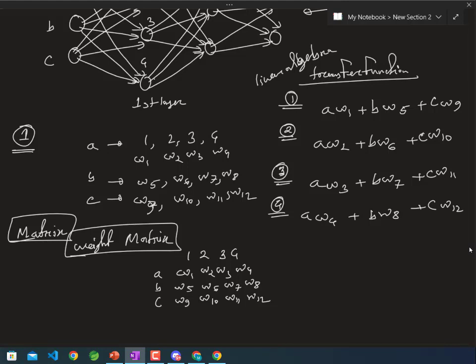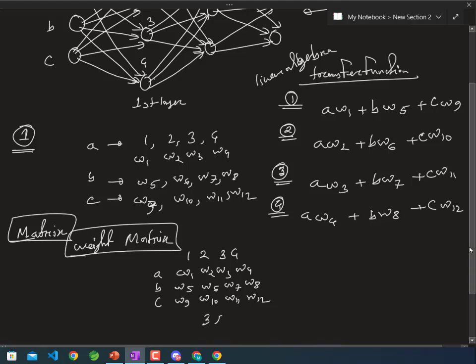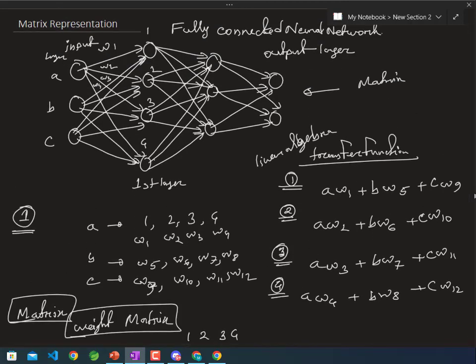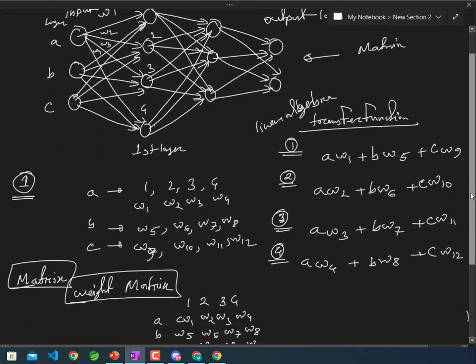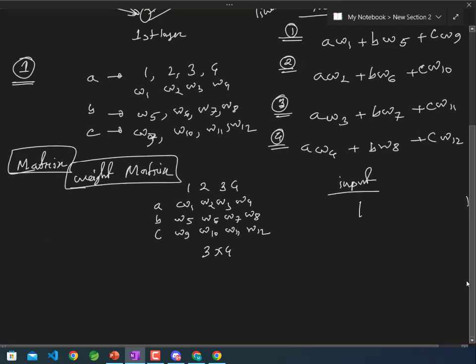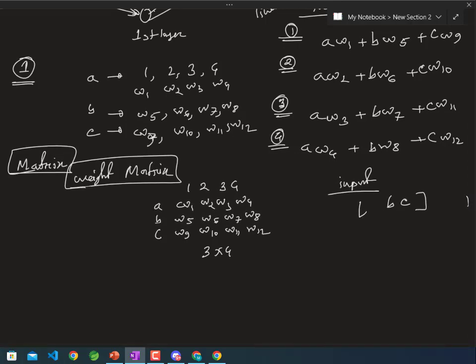Okay, so when we consider the second layer, the output neurons will be 4 neurons. The input can be considered as an A, B, C matrix, which is a column matrix of size 3 by 1.